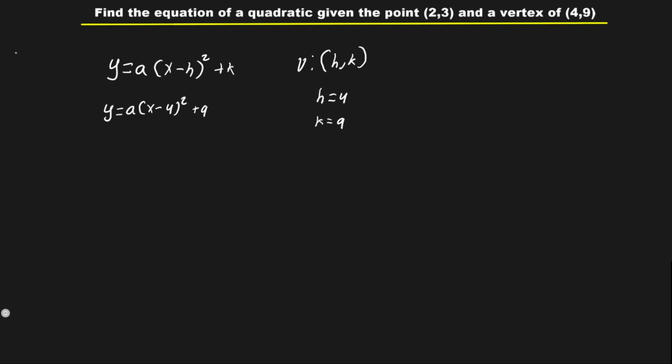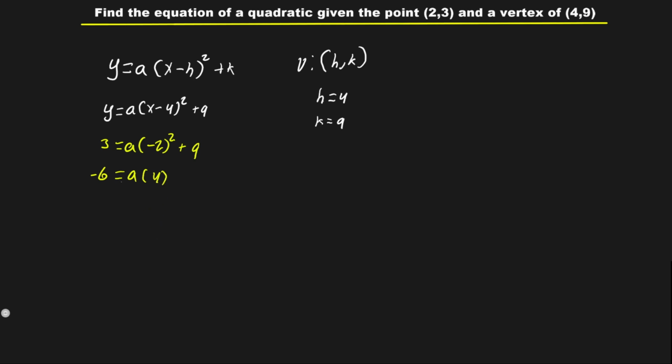And we want to go ahead and plug in our point so that we get 3 is equal to a times 2 minus 4, which is negative 2, squared plus 9. What we want to do now is subtract 9 from both sides, so we get negative 6 is equal to a times 4.